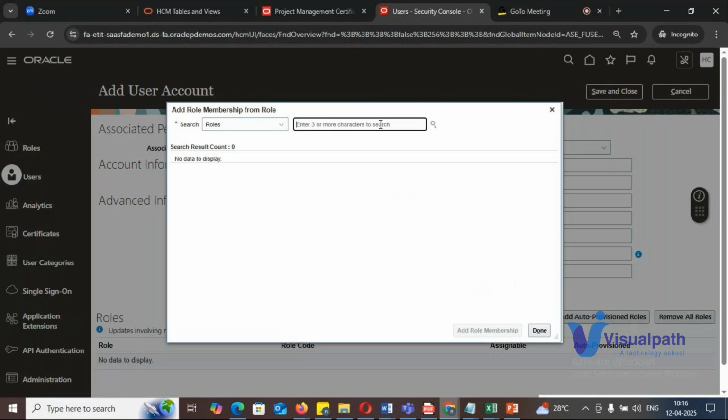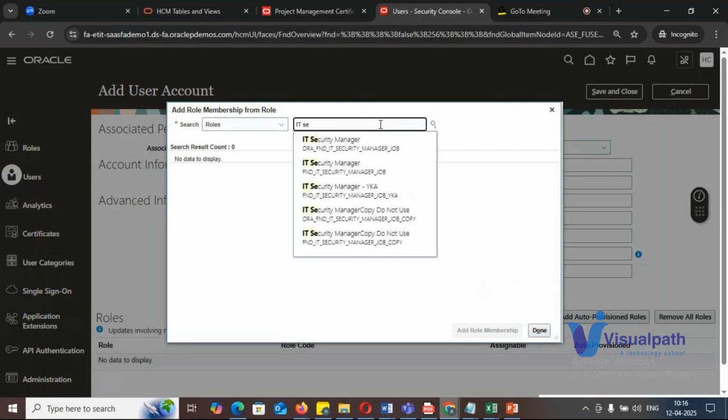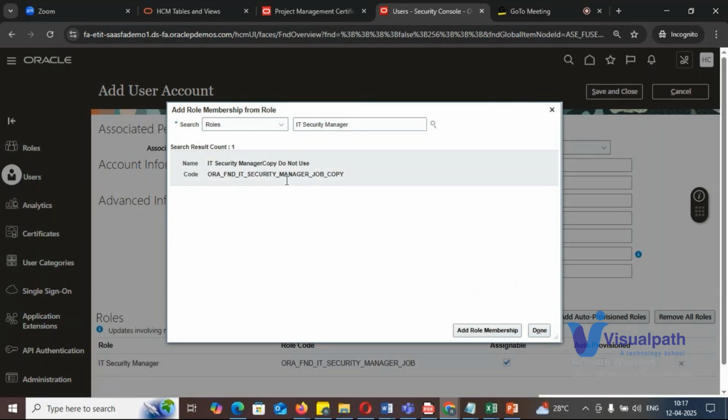Here, like the IT Security Manager role, I'm able to change this because the IT Security Manager role is assigned to this user. So you have to assign this user the IT Security Manager role and the Application Implementation Consultant role, because you would be a consultant, either functional or technical.